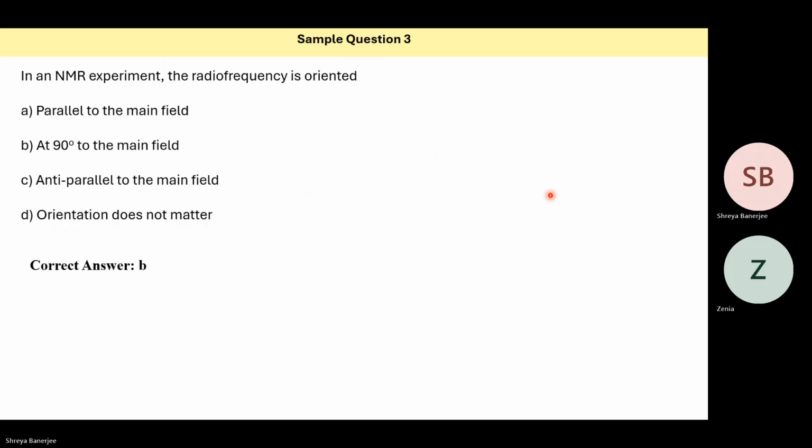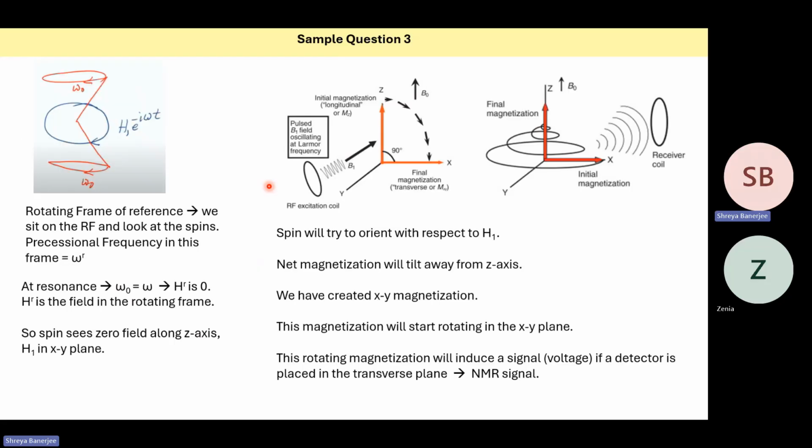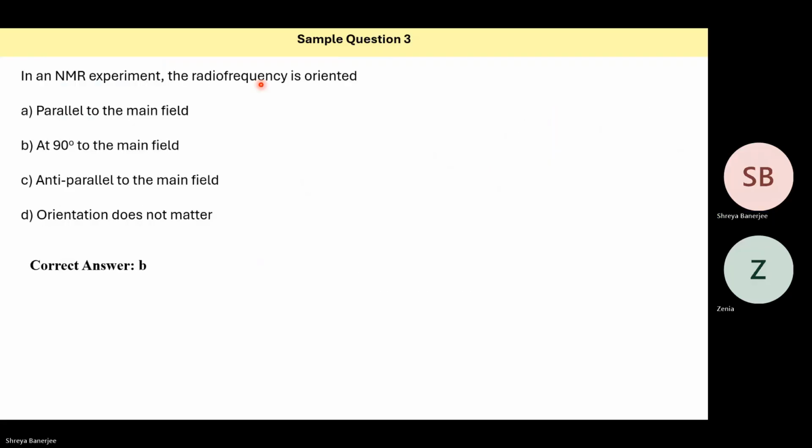radio frequency and field orientation is basically what we are looking at right now. When we say the main field, we mean the field that the nuclei are experiencing.